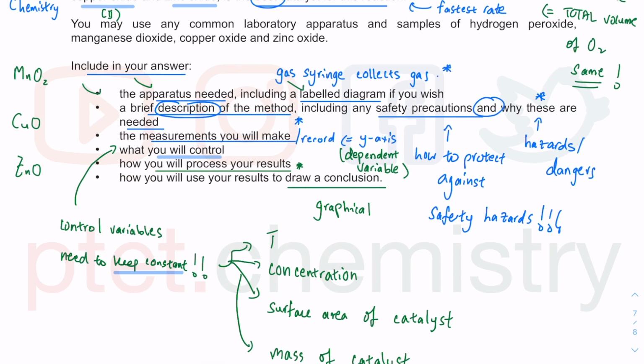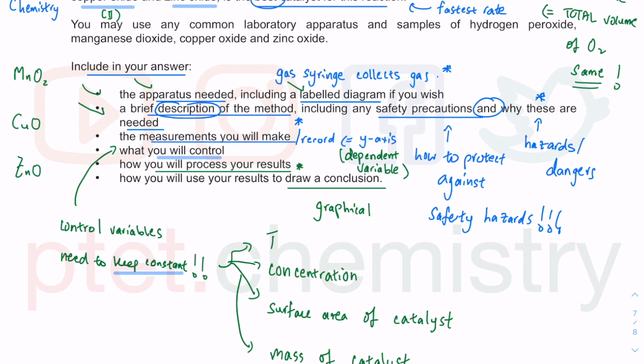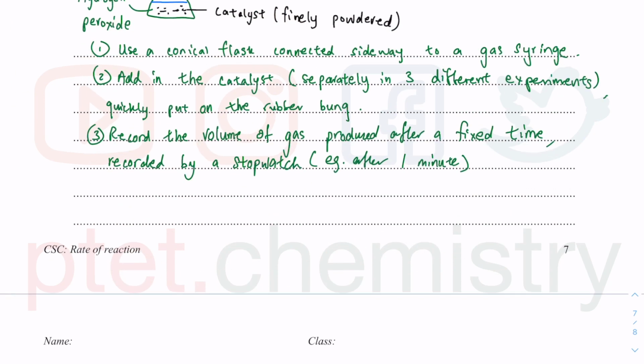Okay. Of course, what are you going to measure? The measurements you will make, we're going to use a stopwatch to measure. I'm running out of space here, I'll run onto the next page. So the measurements will be... are we measuring time taken?